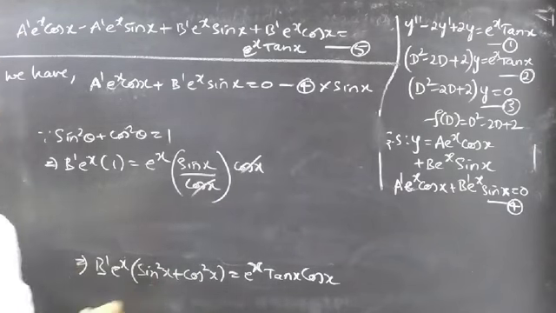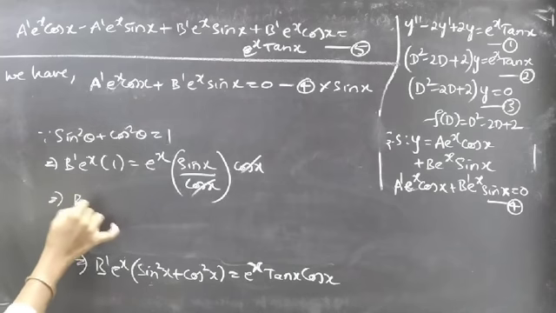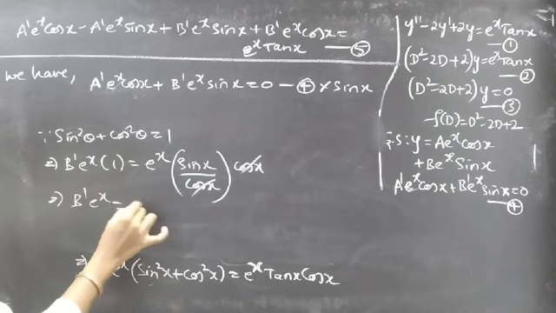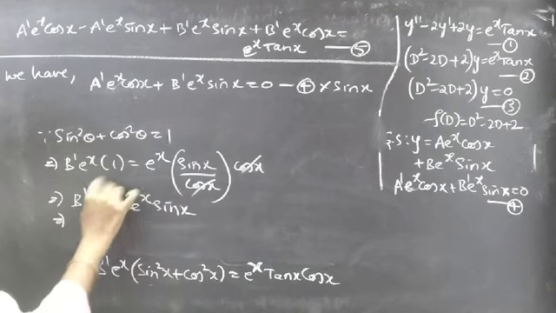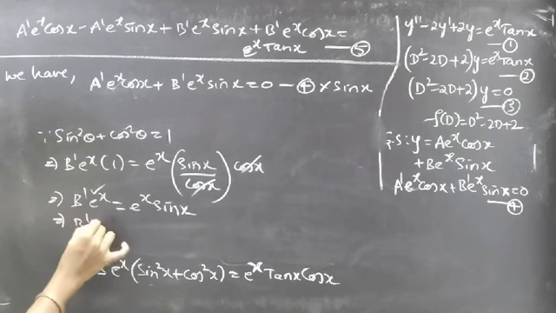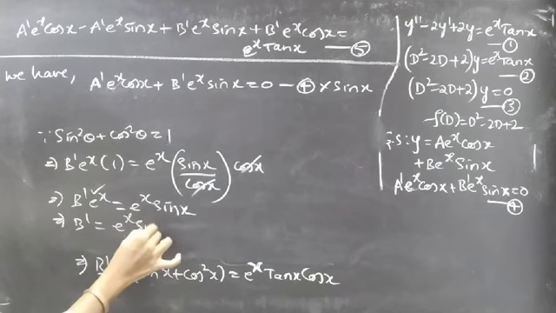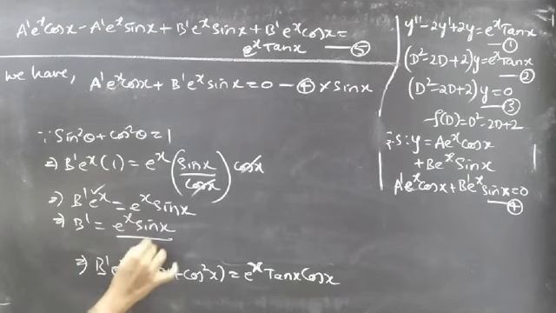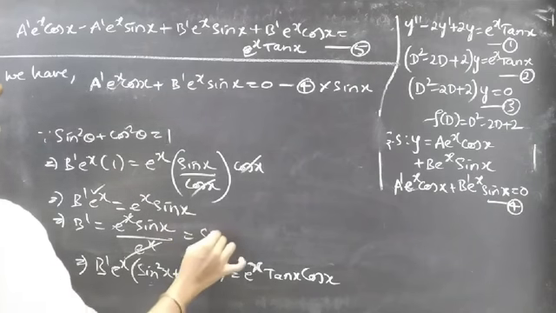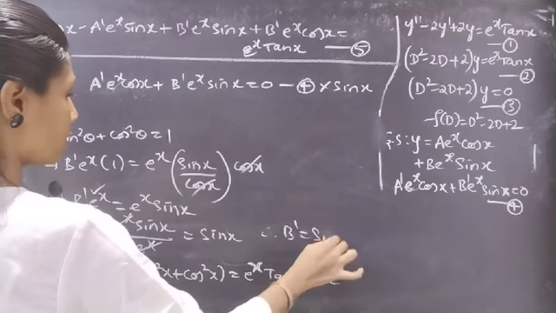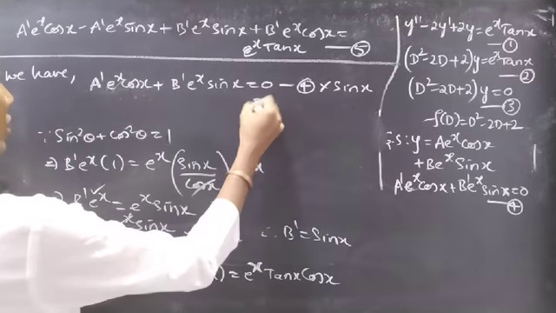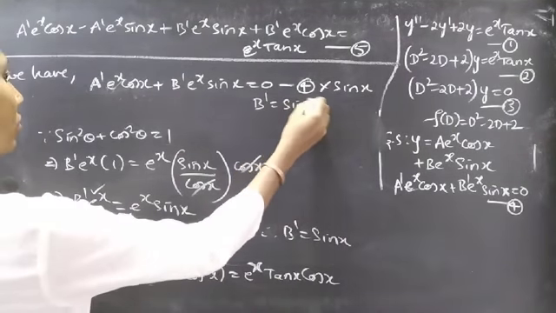Here cos x gets cancelled and we'll get b dash e power x equals e power x sin x. Now take this e power x to the RHS, then we'll get b dash equals e power x sin x by e power x. Here also e power x gets cancelled and we'll get b dash equals sin x. Therefore, b dash equals sin x, right? We got b dash equals sin x.